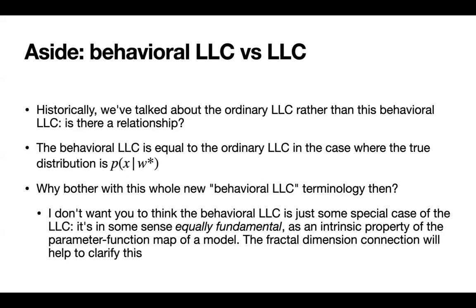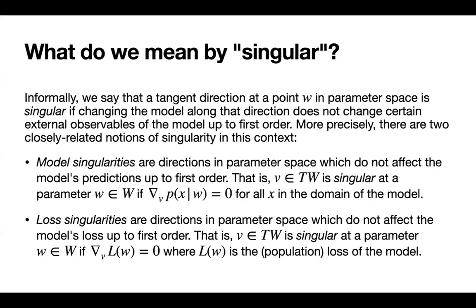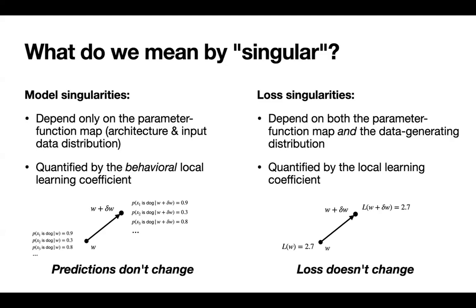I mentioned this briefly: model singularities depend on the parameter function map, which for a generative model would just be the architecture. If you have a regression model, there's implicitly the input data distribution, another object that needs to be defined. For a regression model, you're only parameterizing the conditional of the labels on the inputs, and you'll need to say what the distribution on the inputs is. But this is also within the framework.